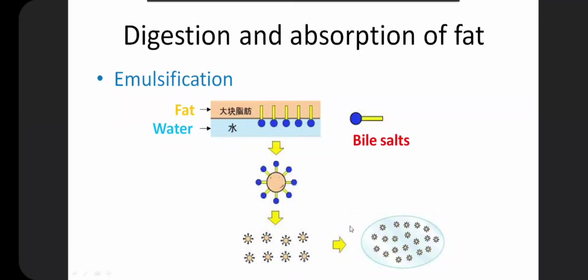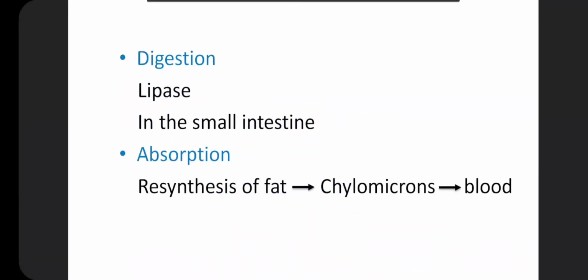The main digestion of fat occurs in the small intestine by the action of the pancreatic enzyme lipase. Lipase catalyzes the breakdown of triglyceride into monoacylglycerol and fatty acids. Then the products of fat digestion are absorbed into the intestinal cells and resynthesized into fat.